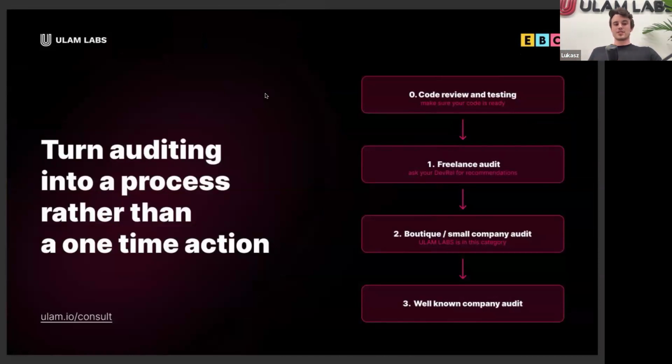Now, I couldn't stress this enough. It sounds very intuitive, but I've seen many, many different times this actually not being the case. The goal of code review and testing is that you have a smart contract code where you have thought through all of the architectural changes and designs that you need for this application to operate.